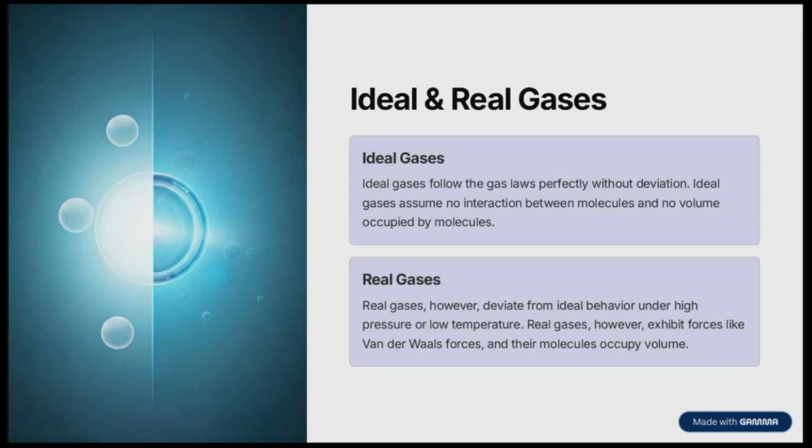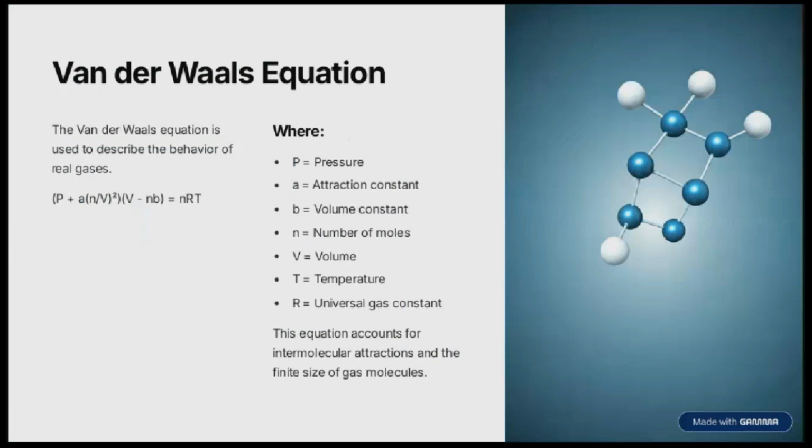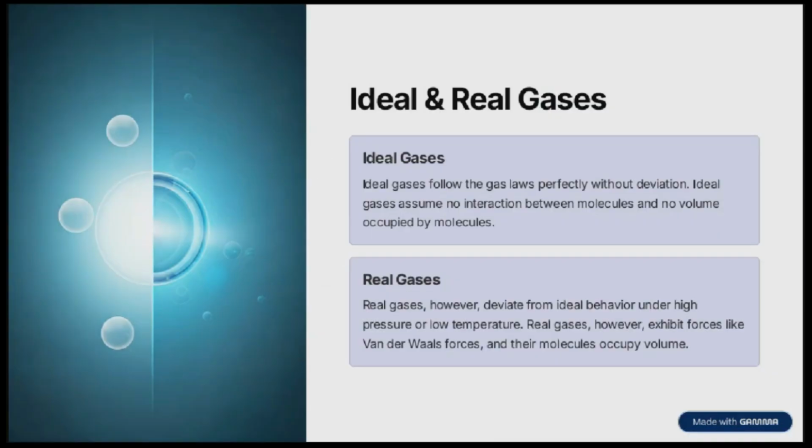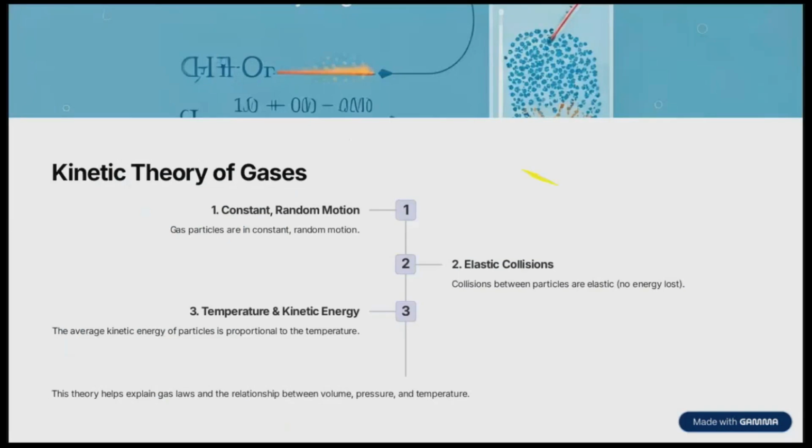So now let's explain real gases and ideal gases. I think we've started getting towards the end of this lesson. Ideal gases are gases that obey the kinetic molecular theory. They completely obey these theories that we mentioned.